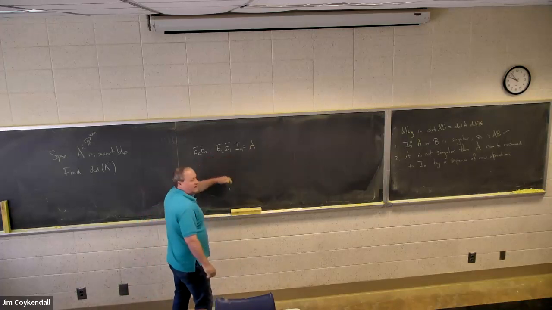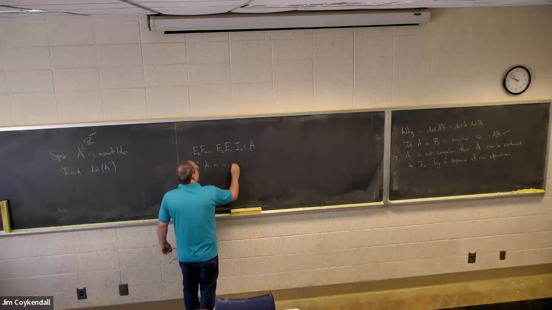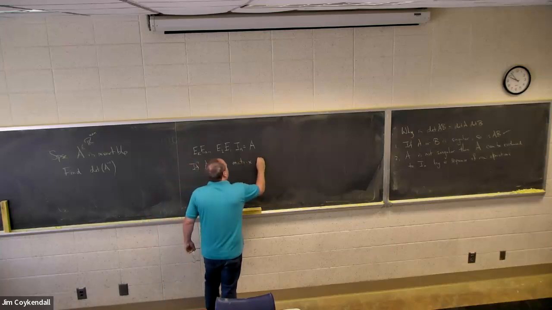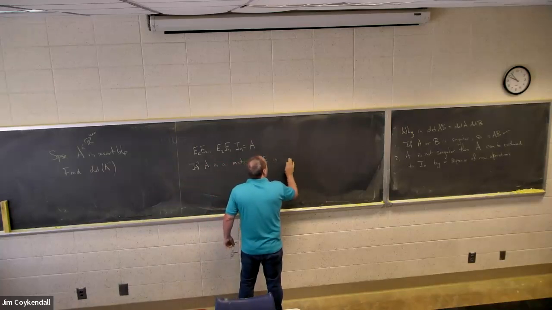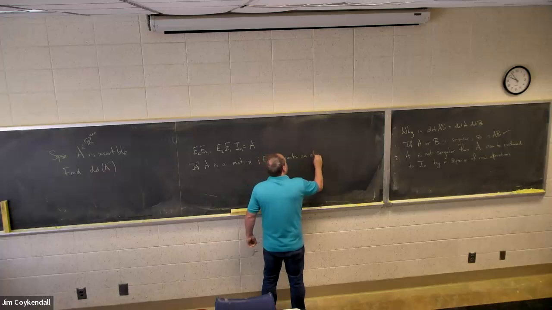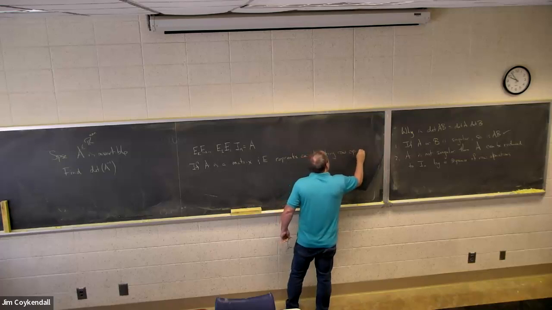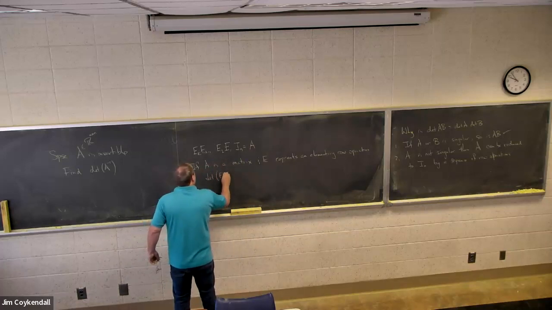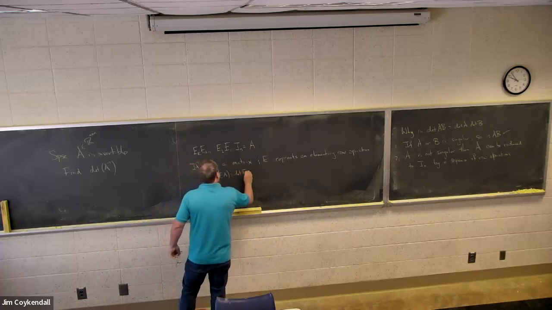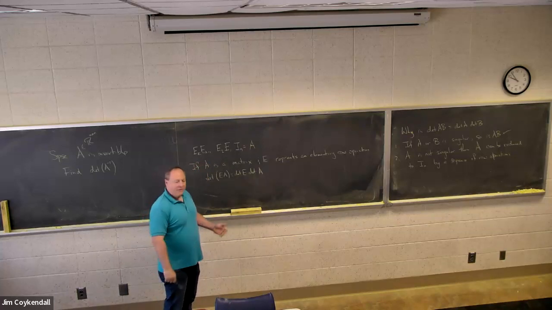Well, so A is the product of these, and if A is a matrix n by n, and E represents an elementary row operation, then the determinant of EA is the determinant of E times the determinant of A. This is actually in essence what we've done earlier.